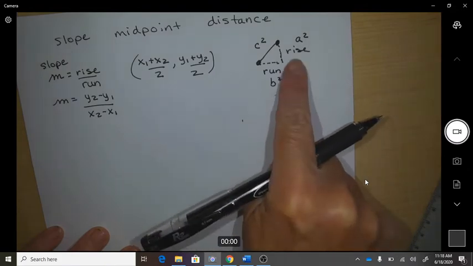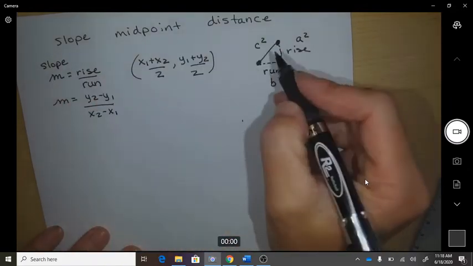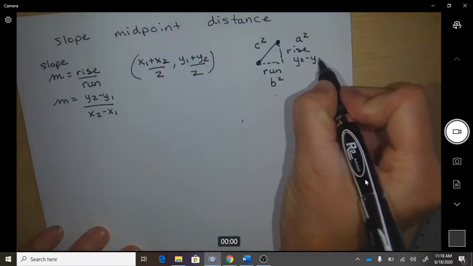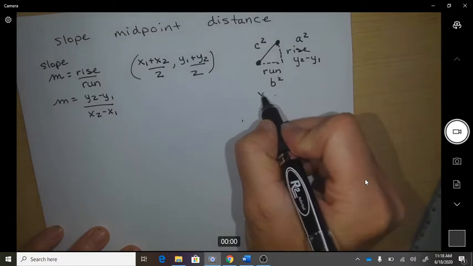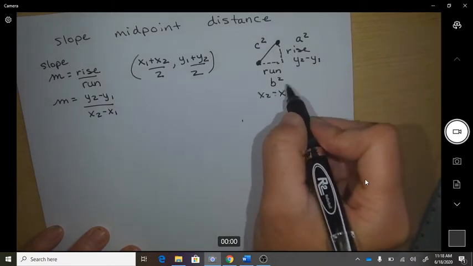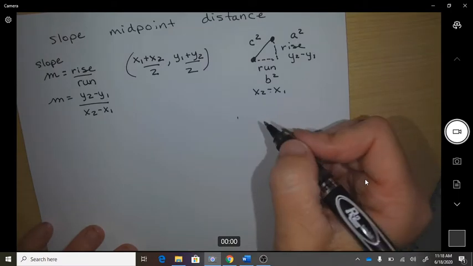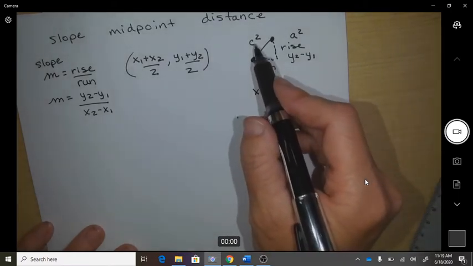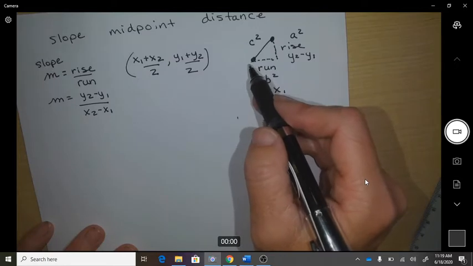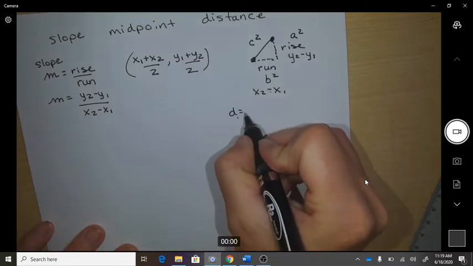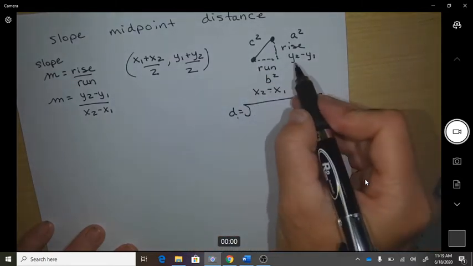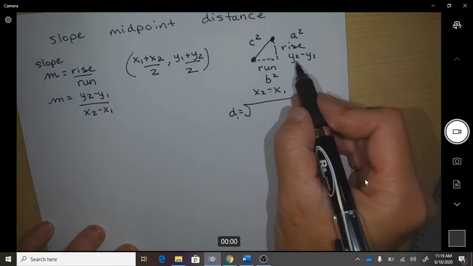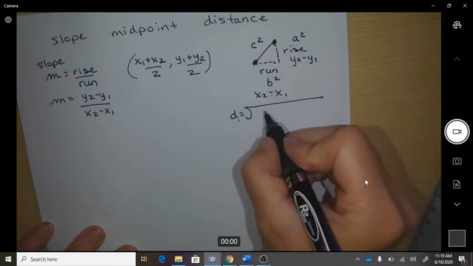So what is rise? The differences in your heights. And run is the differences in your x's. Okay. So don't forget at the very end though, you're going to have to square root this to actually get that number. So that's why your formula is the square root of a squared plus b squared.